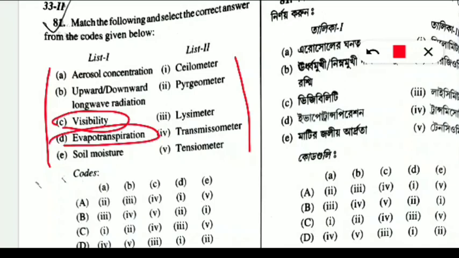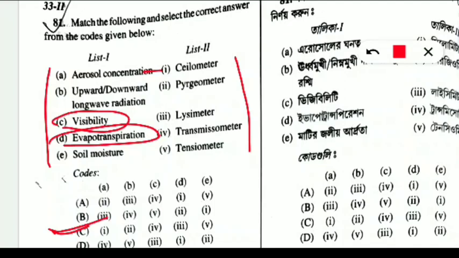So here option number C will be correct, A with 1. That means aerosol concentration will match with the ceilometer. So the ceilometer is used for measuring aerosol concentration. Upward downward long wave radiation. What does that mean? Long wave radiation, that is infrared, is of longer wavelength than the visible.